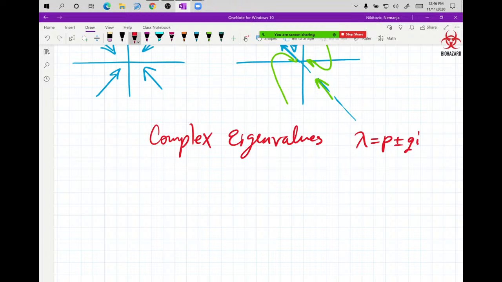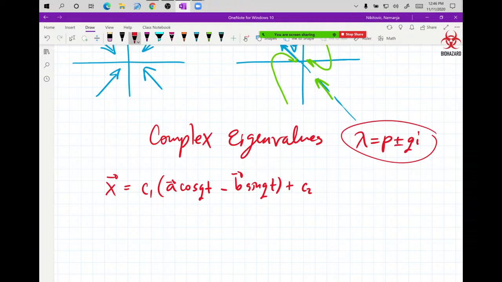we have the solution given by the good old c1 (a cosine qt minus vector b sine qt) plus c2. Now this is when it's purely, right, there's no e part.